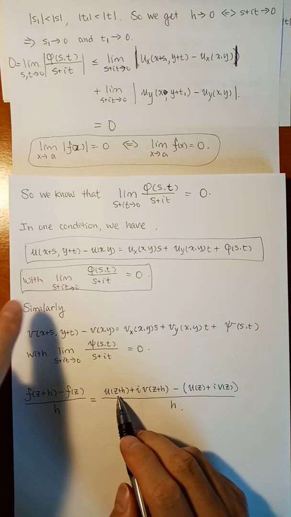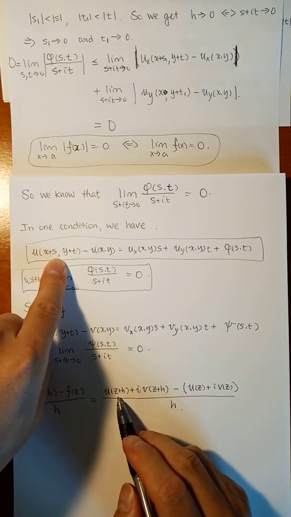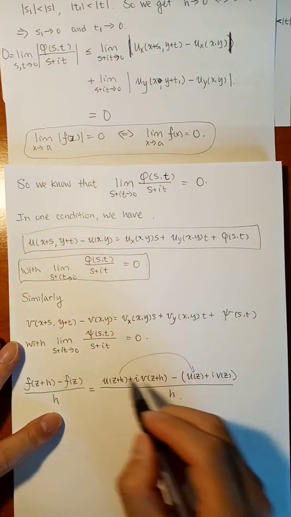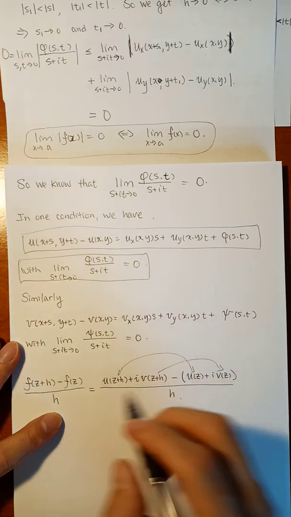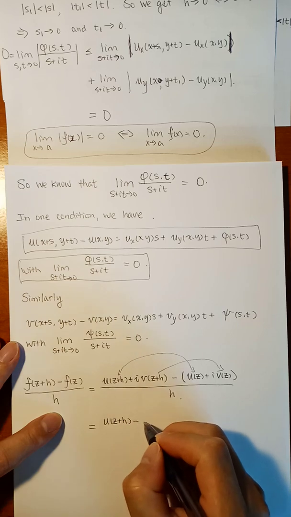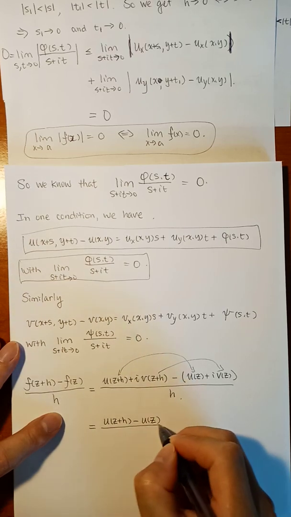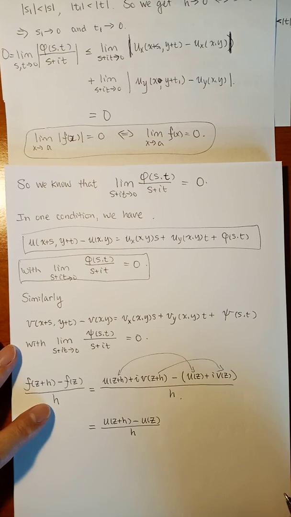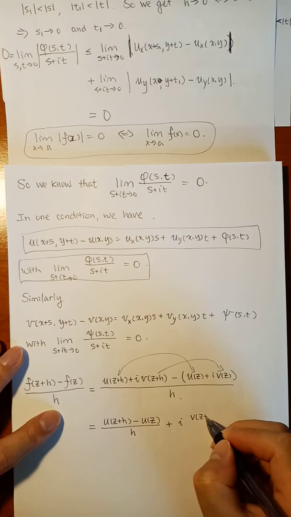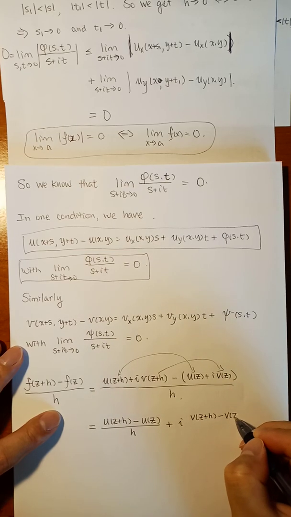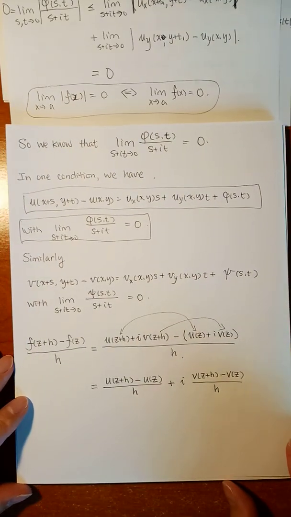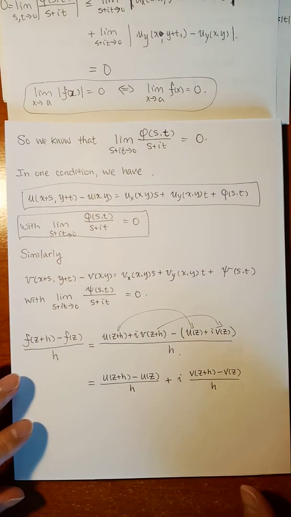u(z+h) is u(x+s, y+t), and you group them. It is equal to [u(z+h) minus u(z)] over h, plus i times [v(z+h) minus v(z)] over h, okay?